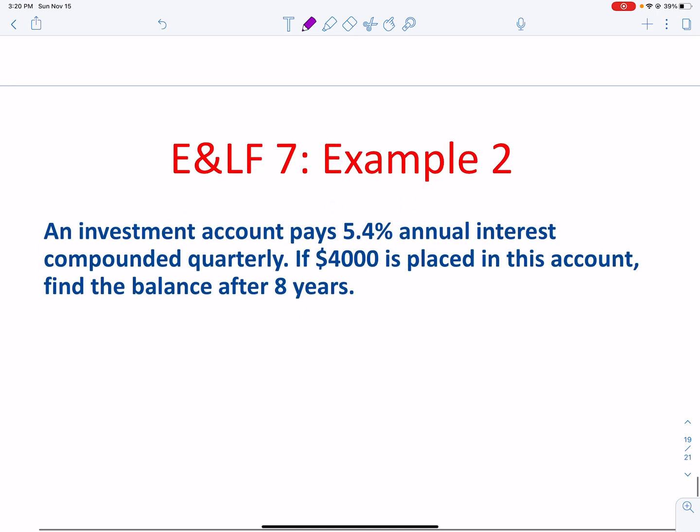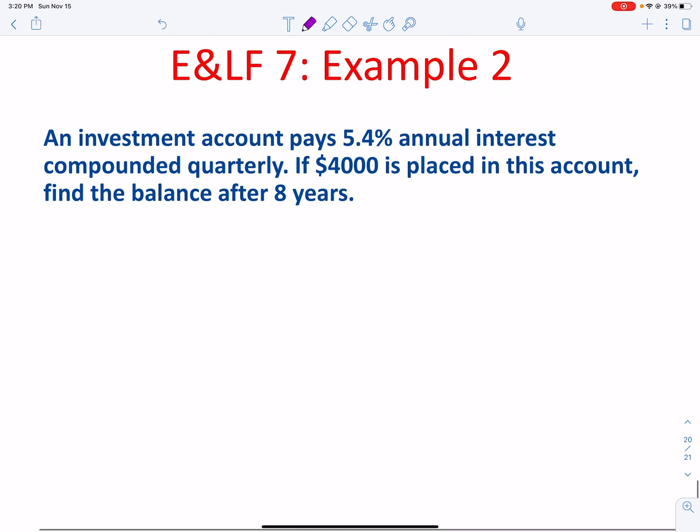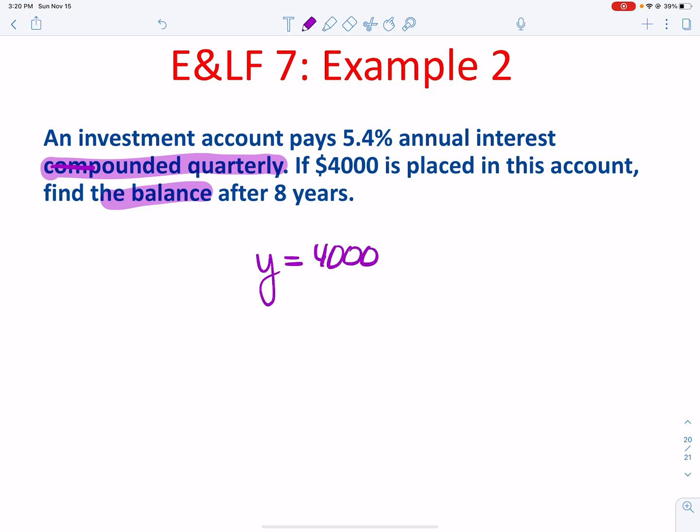So let's take a look at an example. An investment pays 5.4% annual interest compounded quarterly. So that means they're doing it for a year, but they're not doing it once in a year. They're doing it 4 times. So if $4,000 is placed in this account, find the balance. So I want to find how much is in it after 8 years. So I'm going to do 4,000, and then I'm going to do 1 plus 0.054 divided by 4. Why am I dividing by 4? Because it says quarterly.